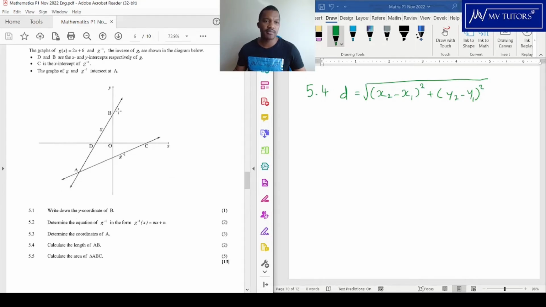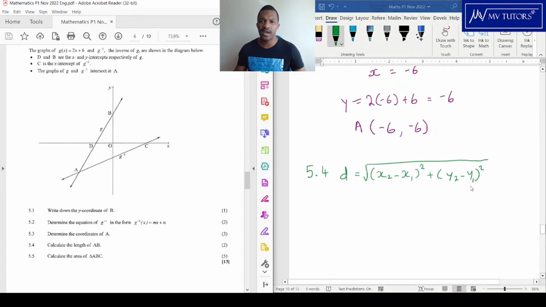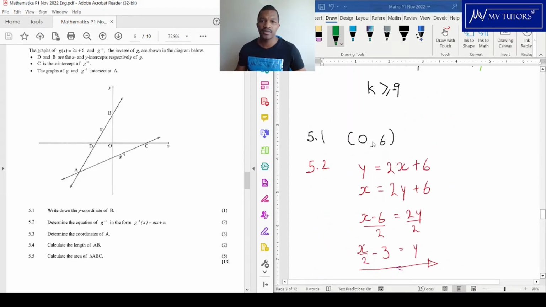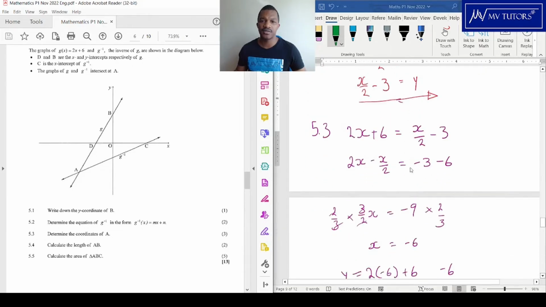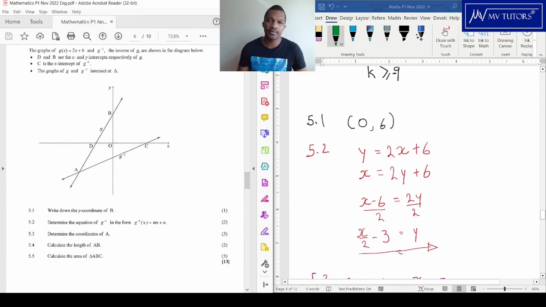A and B. I want to write the coordinates of A, there they are, and also the coordinates of B. We solved it above, if you remember, 0 and 6. Those are the coordinates of B.